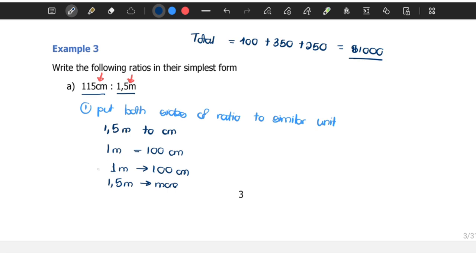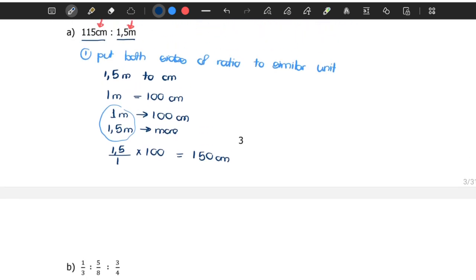So then I invert this side of the equation such that I have 1.5 over 1 times 100, which will give me 150 centimeters. So now I have 115 centimeters is to 150 centimeters. Now that they are both centimeters, I don't have to include the units.